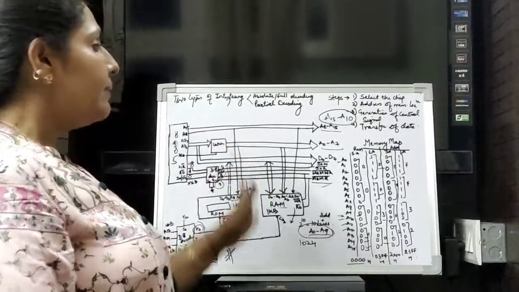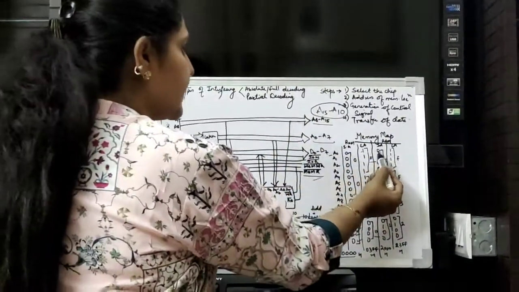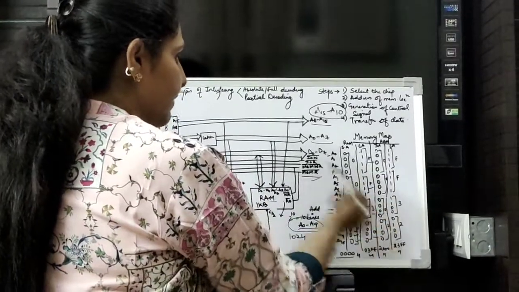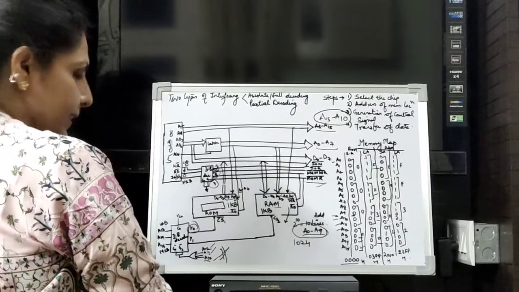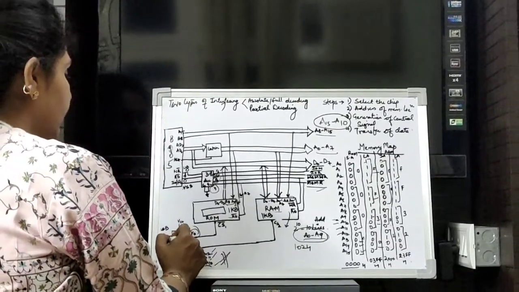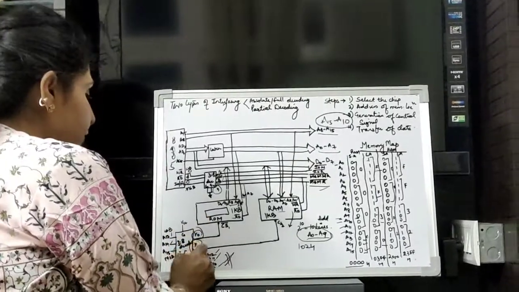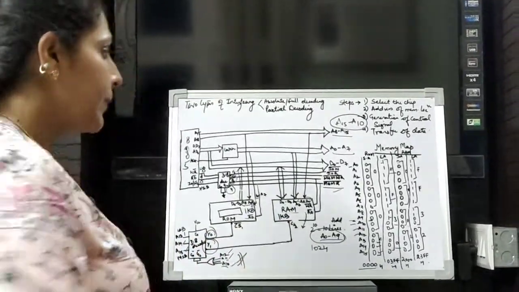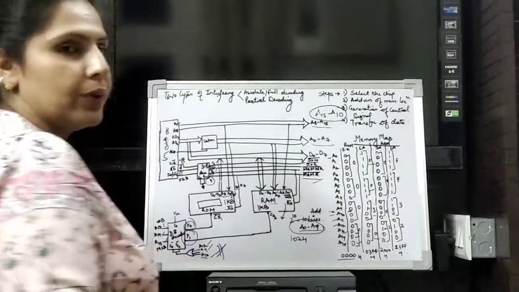Similarly, if we start with the RAM, A0 to A9 are 0. Then A10 is 0, A11 is 0, A12 is 0, A15 is 0, A14 is 0, but A13 is 1. Why is it 1? Because we are selecting Y1. So A13 is 1, rest all are 0.